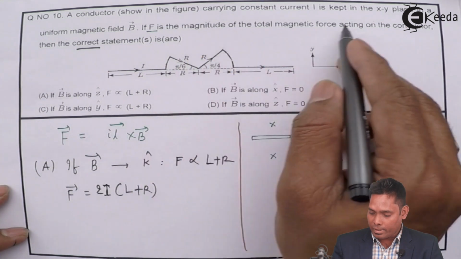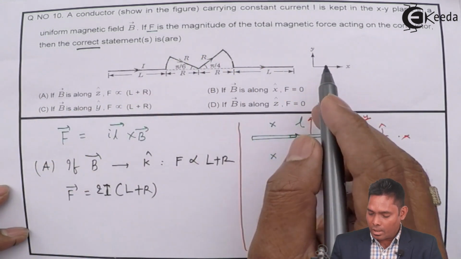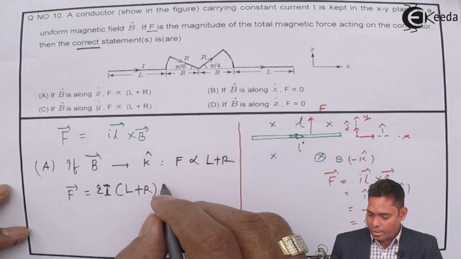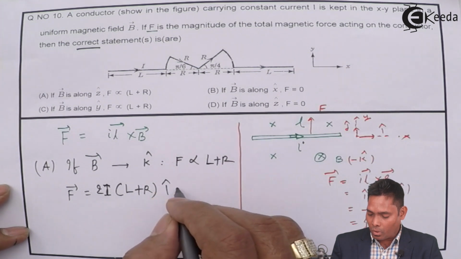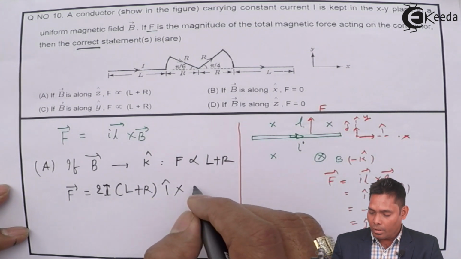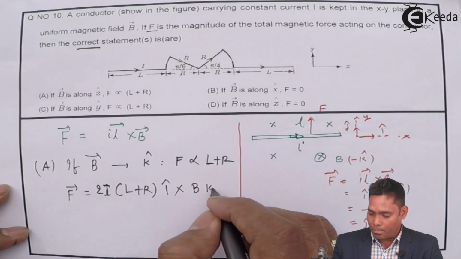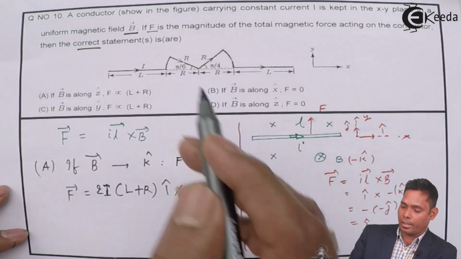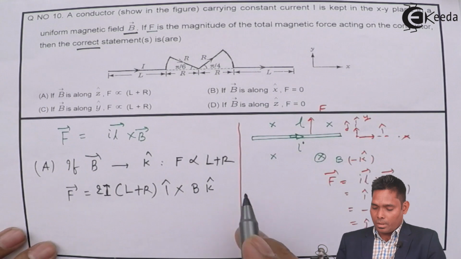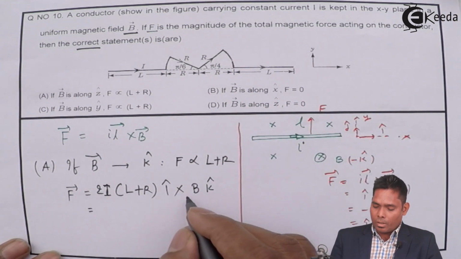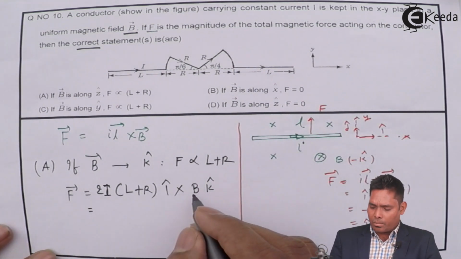This is along the x-axis, the current is along the x-axis, so this is I cap, cross product with vector B, which is B k cap, the magnetic field B along the k direction. If I write that, then I'll get the direction automatically.